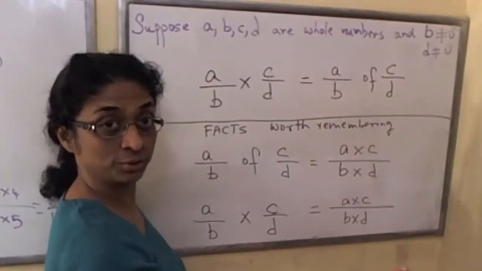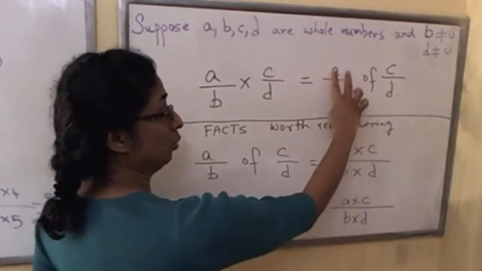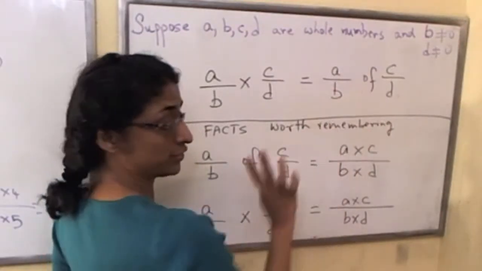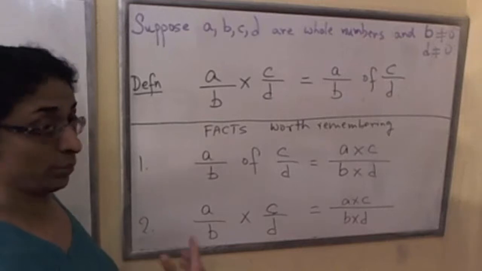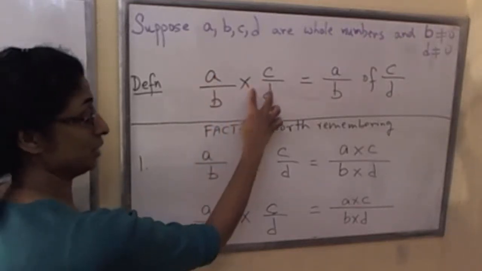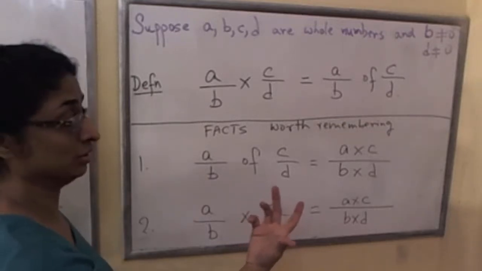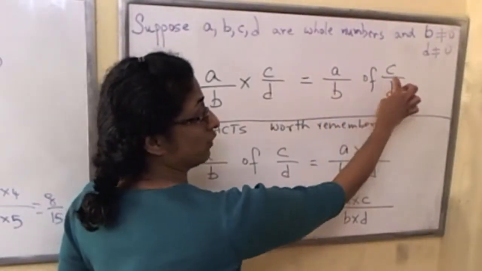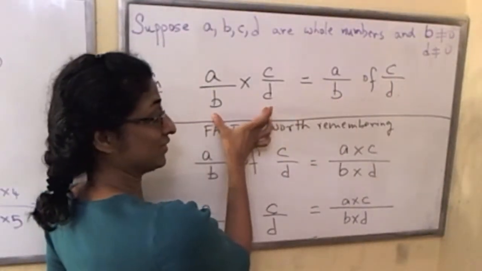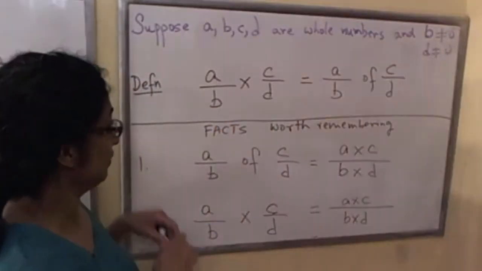In another video we explained the meaning of a over b of c over d. So now we're saying a over b times c over d is just another shorthand notation for a over b of c over d. They mean exactly the same thing, and that's what this definition is saying.